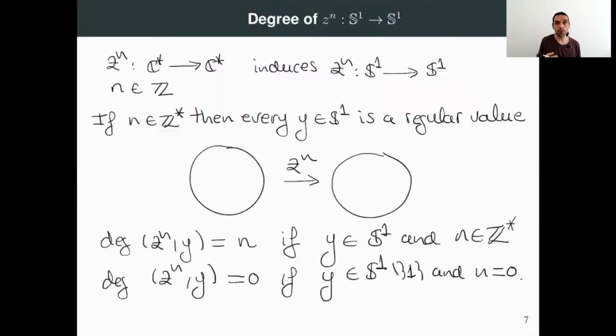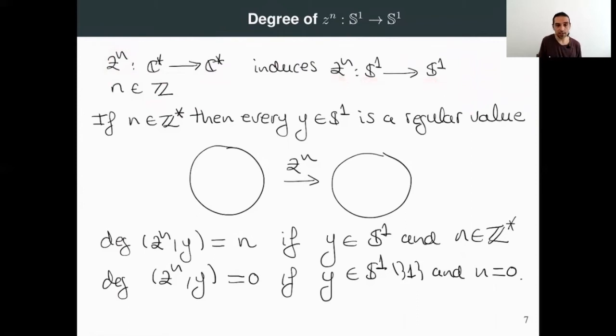Now we are going to see an example of the degree of a map. We're going to consider the maps c to the power n, where n is an integer. These are maps from C star to C star. C is the complex plane, and here we're using complex notation. This map induces, for every n, a map c_n from the circle to the circle.